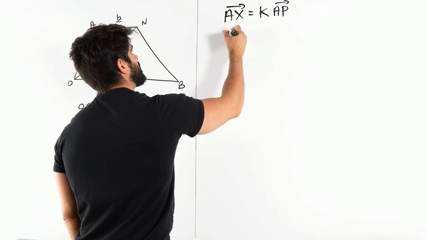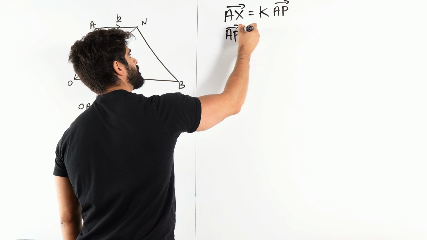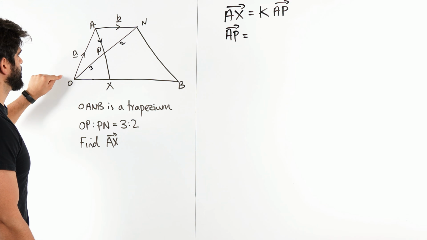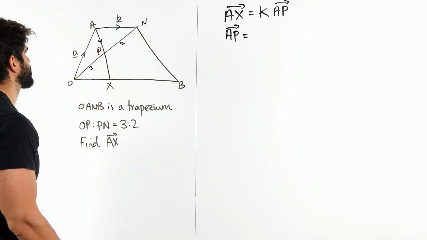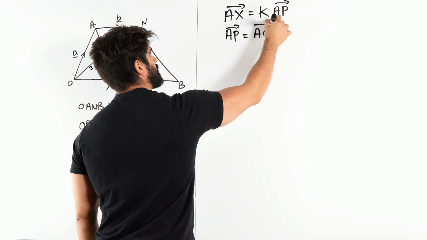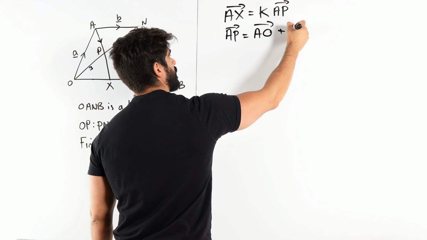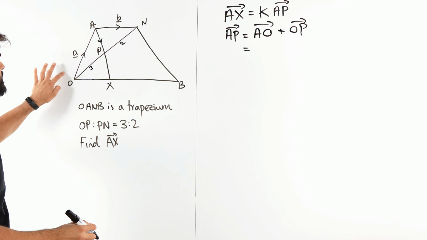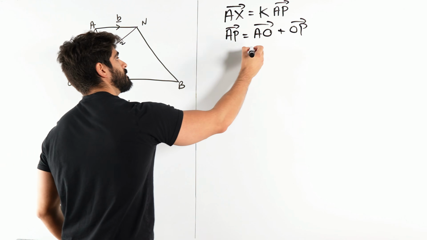All right, to go from A to P, I guess I'll go A to O, O to P. So I'm going to say AO and then OP. Now AO is easy. That's minus A. We're going against the arrow.